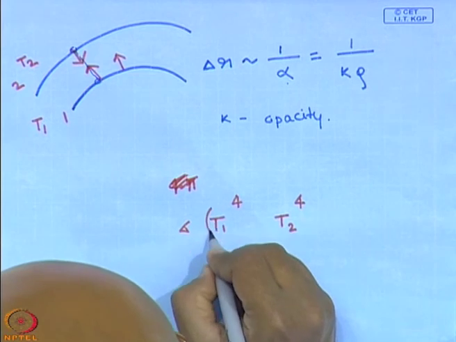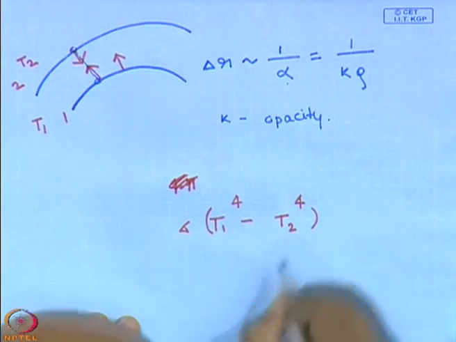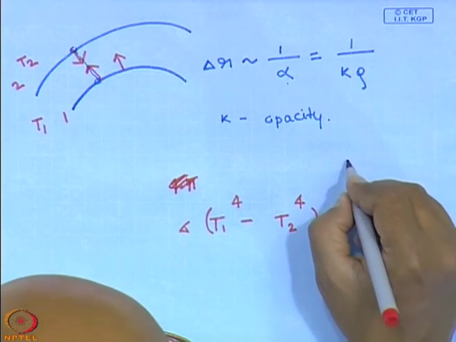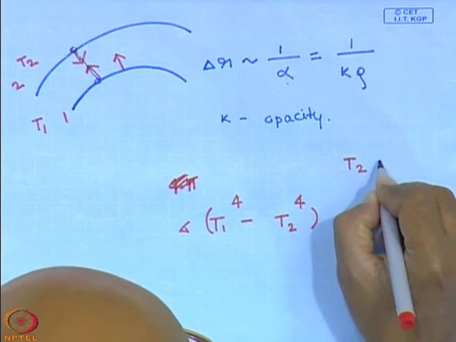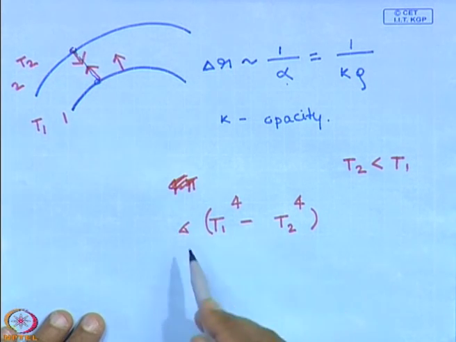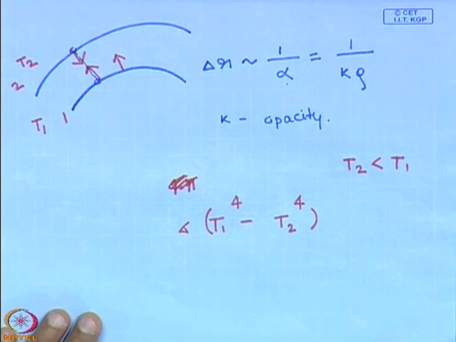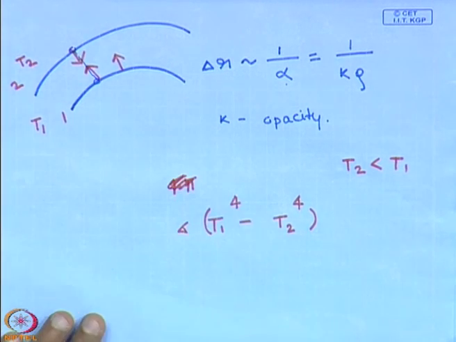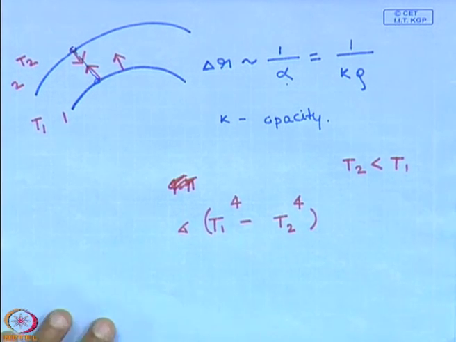So, the difference of these two, where T2 is less than T1, right, we know this, as you go out the temperature goes down. So, the difference in these two gives me the net outward flux, which is the luminosity.